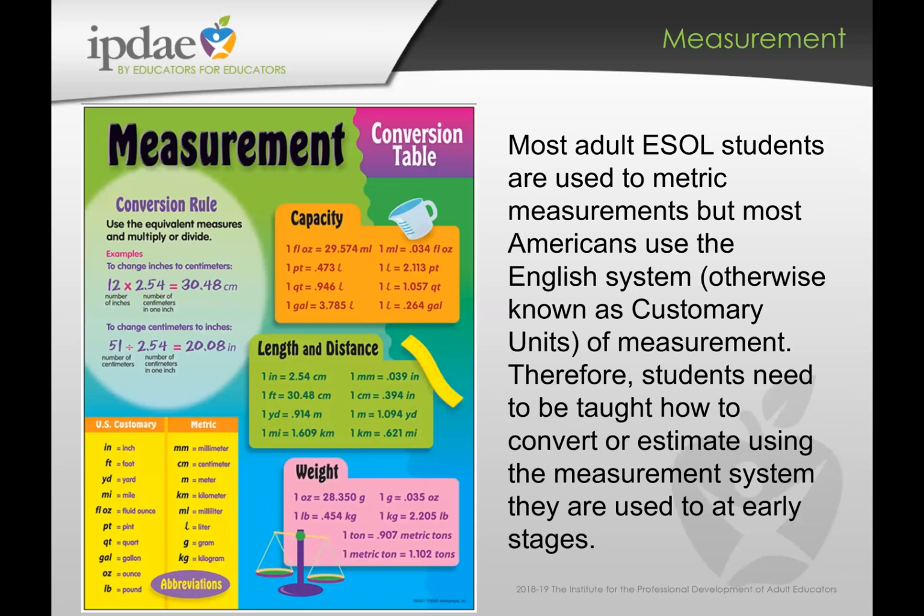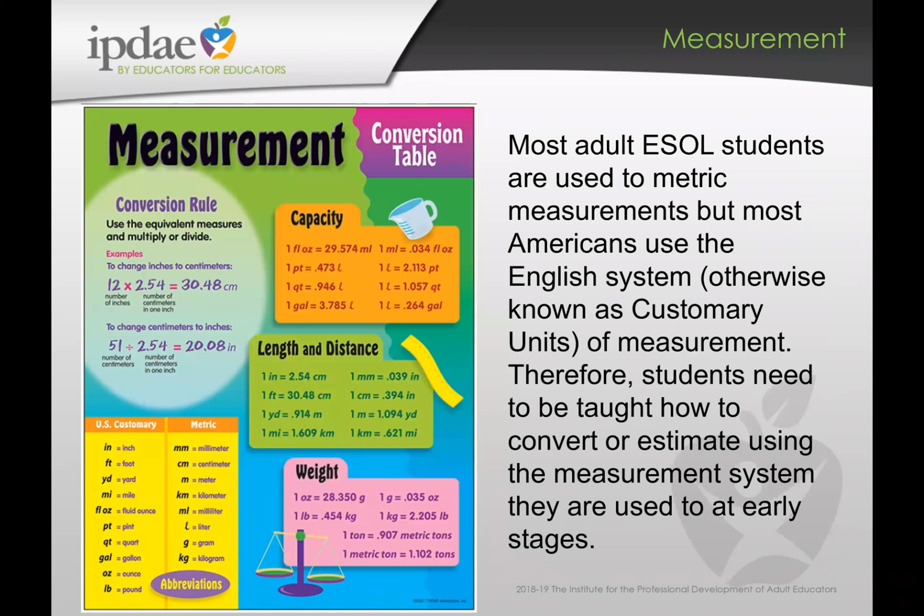As you may already know, most of your students are used to the SI, or System International measurement, what we call the metric system. America is one of the few places using the English customary system, where we have ounces and pints and inches and yards, but the rest of the world is using millimeter, centimeter, meter, kilometer.